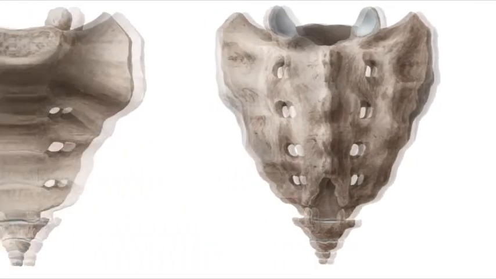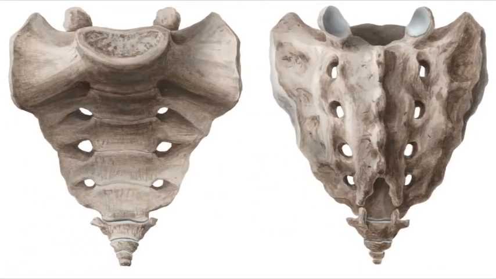Now let us see the sacrum and the coccyx. To study the sacrum and coccyx, we will be seeing these two images. You can see on the left side is the anterior side of the sacrum, and also here the coccyx. And on the right side is the posterior view of the sacrum and coccyx.